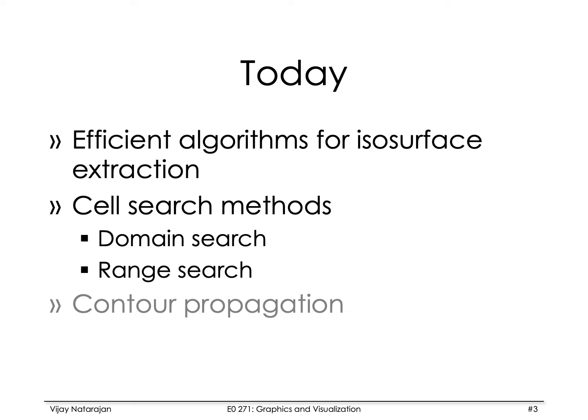So the algorithms that we will discuss today and in the two subsequent lectures can be broadly categorized into cell search methods and contour propagation methods. Today we will talk about two types of cell search methods, one that searches the domain and the other that searches the range. And in subsequent lectures we will talk about yet another algorithm that uses the range search paradigm and contour propagation.